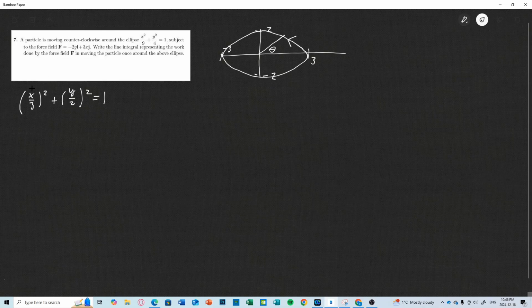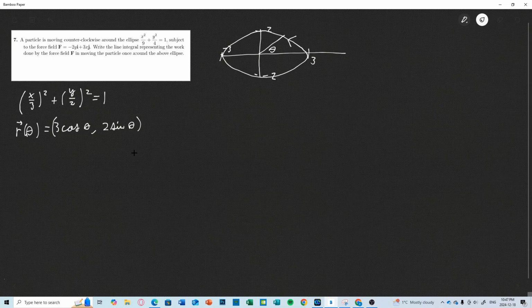Now, in order to make it under one parameter, we could change it all into polar coordinates, but that would turn out to be really messy. So instead, what we're going to do is there's a little trick for ellipses where you can just make your position vector equal to whatever the denominator is, so 3, and then change the top to cos theta because it's x, and then change our denominator again to sine theta.